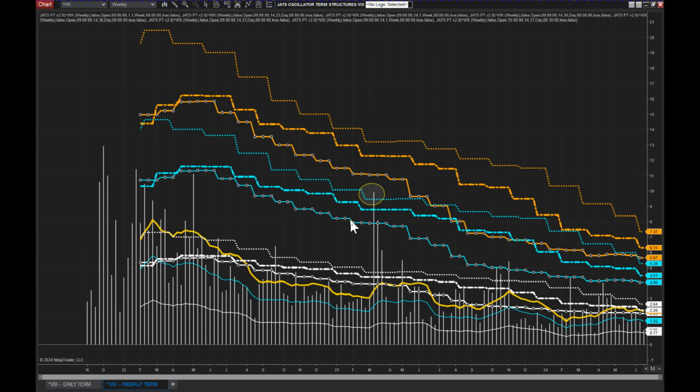So here's the 23 day 2, here's your 30 day 2, and here's your 37 day 2. And here is your 23 day 3. So you can see where the pins are, or where they sell the vol sitting up there, and they're not going to let it touch their risk, right?